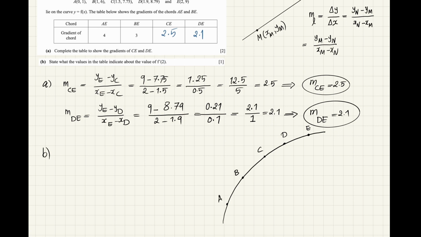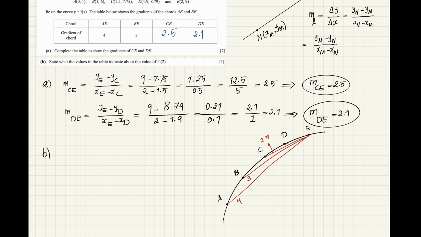So the chord AE is this chord, and the gradient of this chord is 4 according to the table. Then chord BE is this chord, and the gradient according to the table above is 3. And we calculated the gradient of chord CE, and we got 2.5 for this chord.